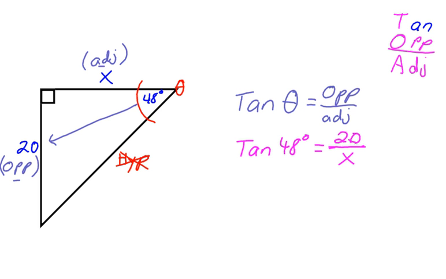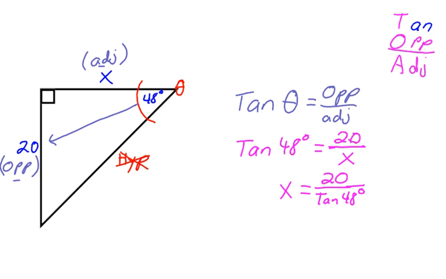There's a long way to do these, and there's a shortcut way to do these. I'm going to take you through the shortcut. Since my variable, my x, is in the denominator, to solve for x, I'm going to divide this numerator, my 20, by my trig function.